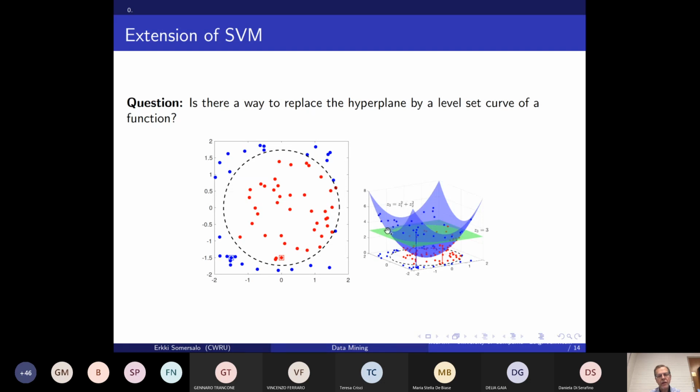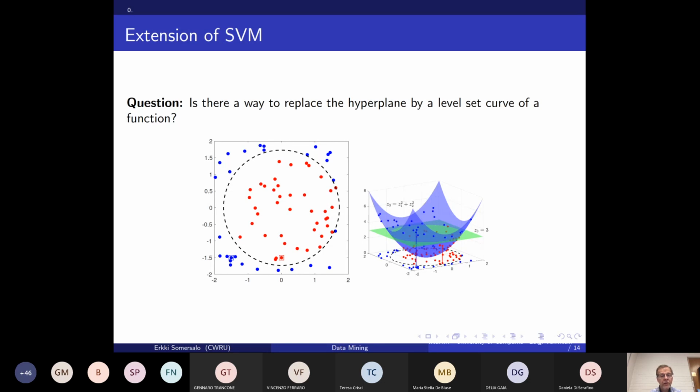So what does that mean? It means that the data, which is originally lying here on the bottom on the two-dimensional plane, is lifted onto the surface of this paraboloid.